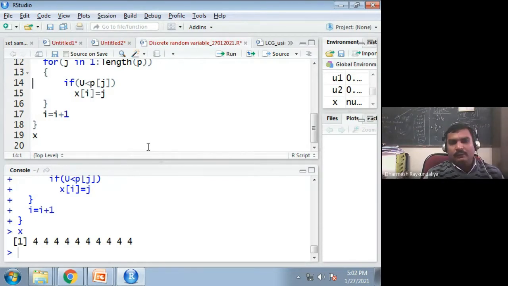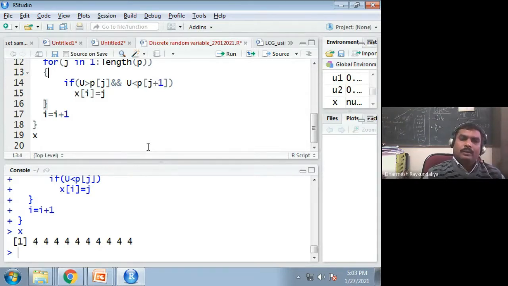The reason is that in this condition, u is less than... so here you have to give: if u is greater than p of j and u less than or equal to p of k plus 1, is it?